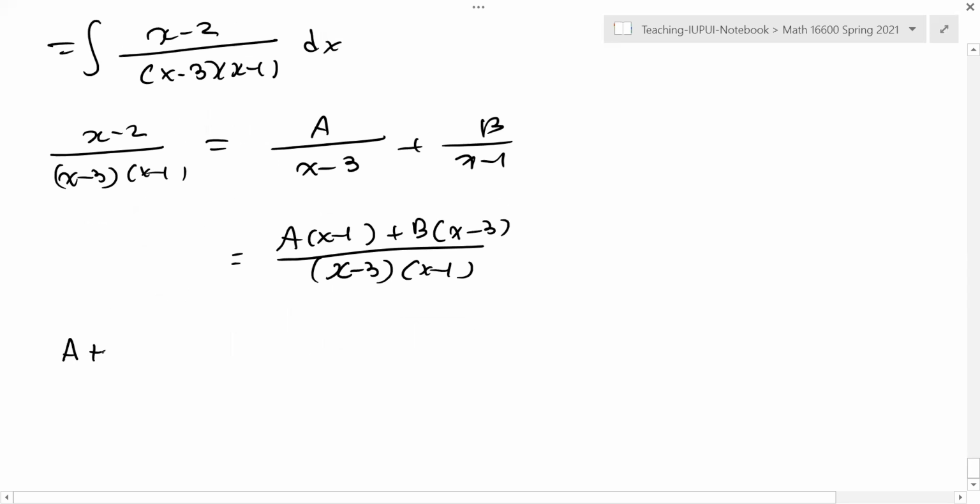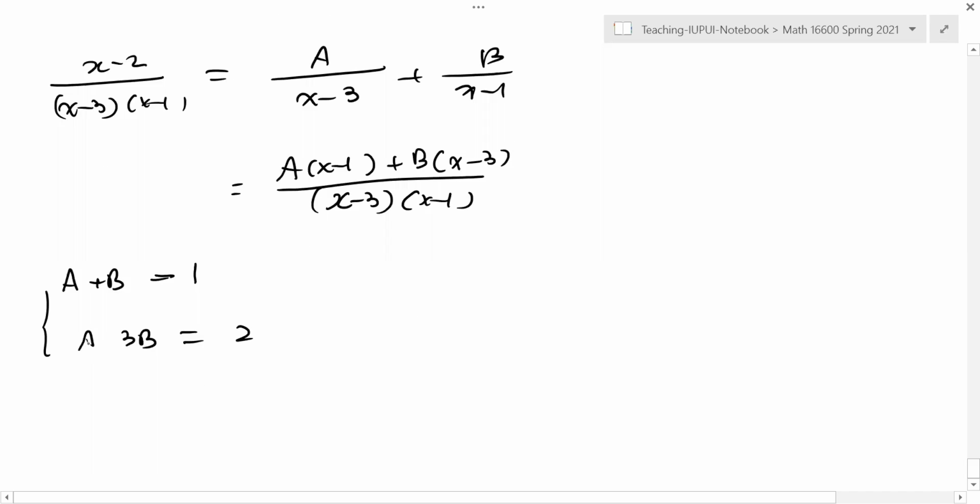So A plus B is the coefficient of x, which should be equal to 1. Okay, then negative A minus 3B is going to be negative 2.